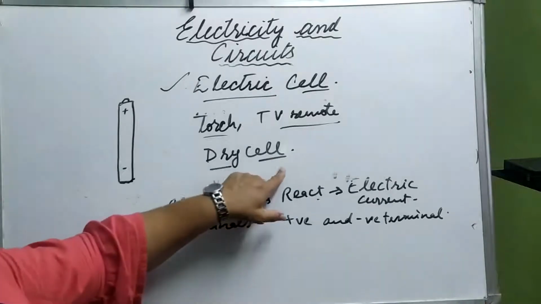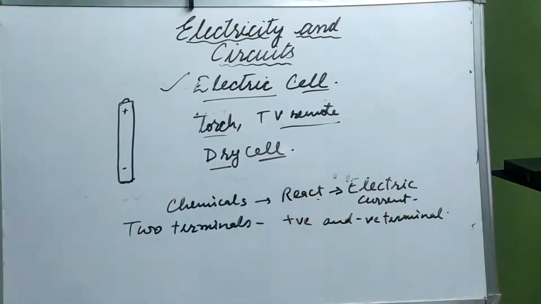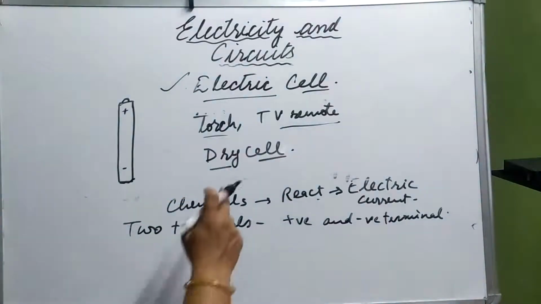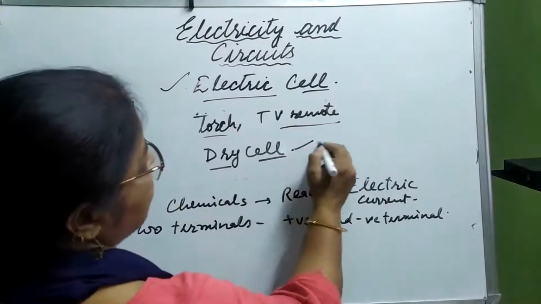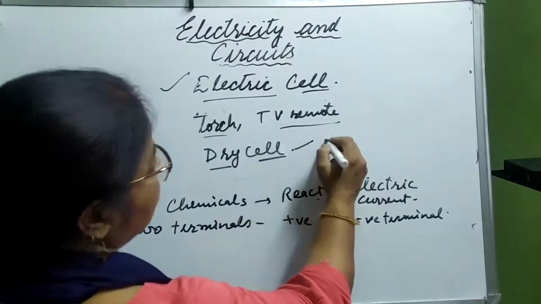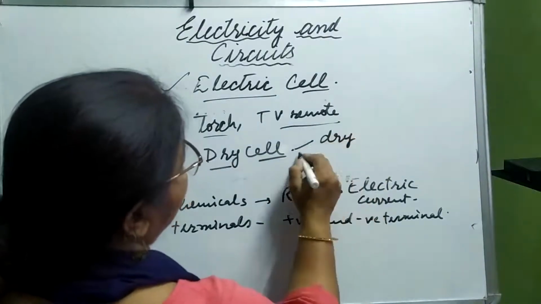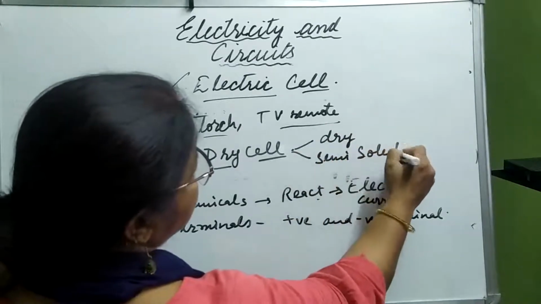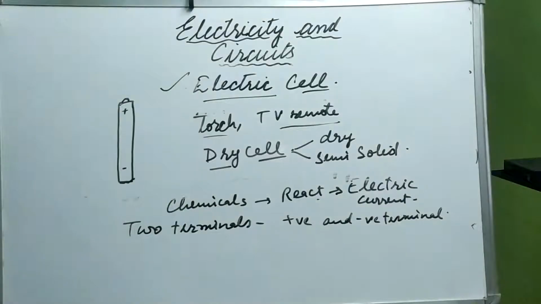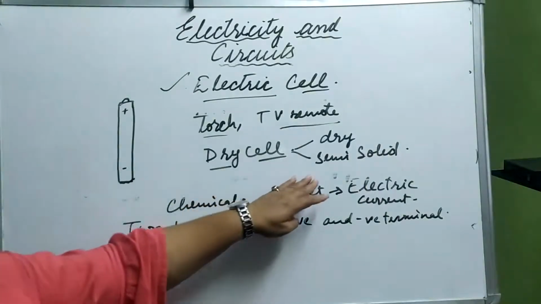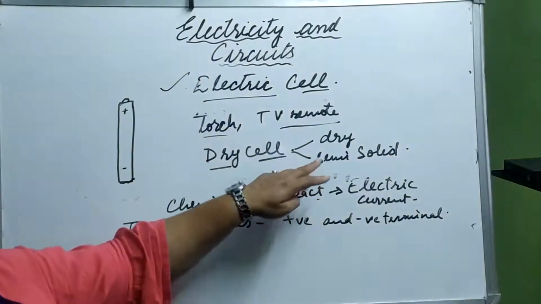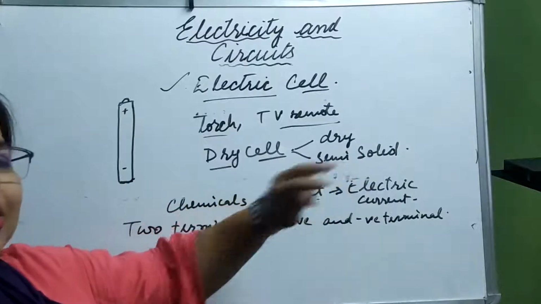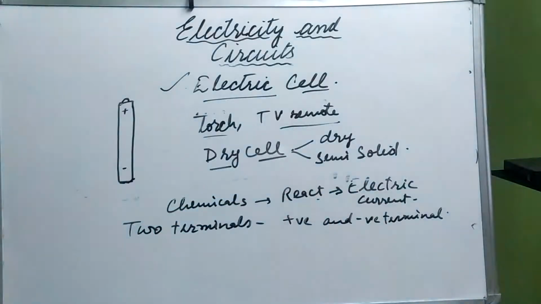It is a source of electric current. Why do we call it a dry cell? Because it contains ingredients which are dry or semi solid. The chemicals that we use in dry cells are either dry or semi solid. That's why we call them dry cells.